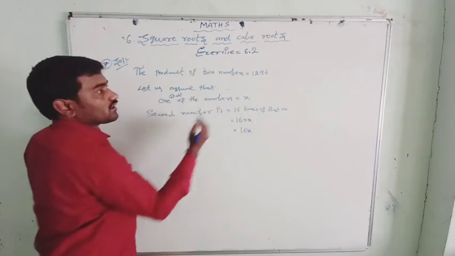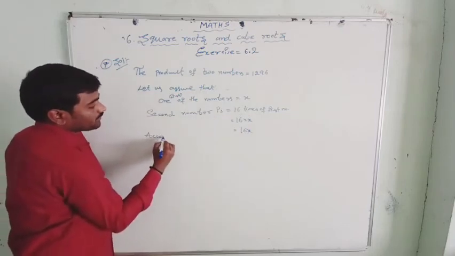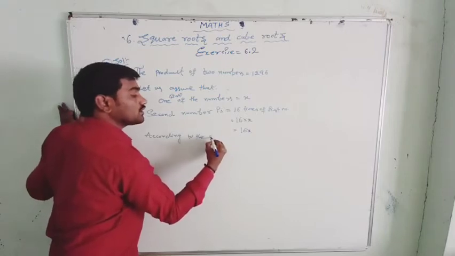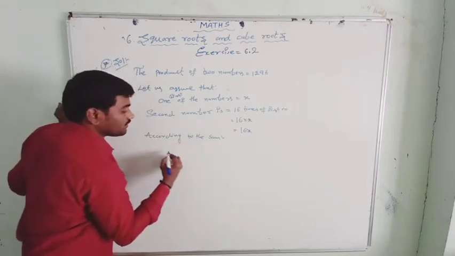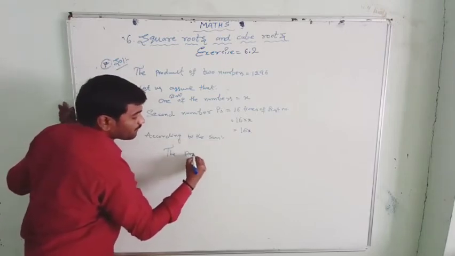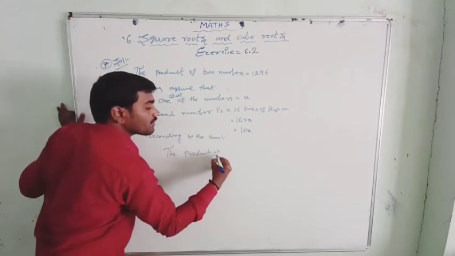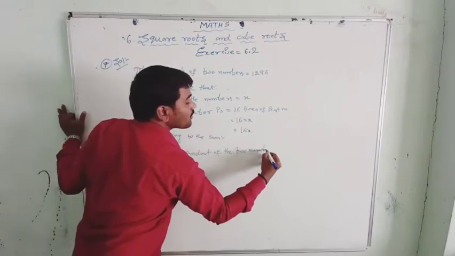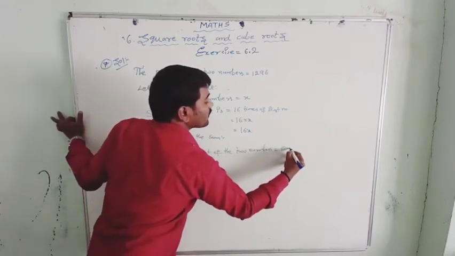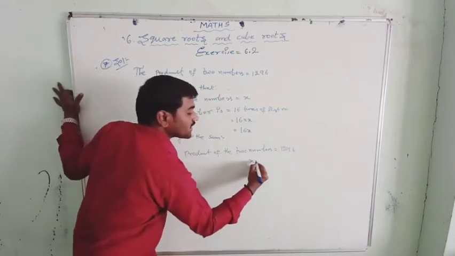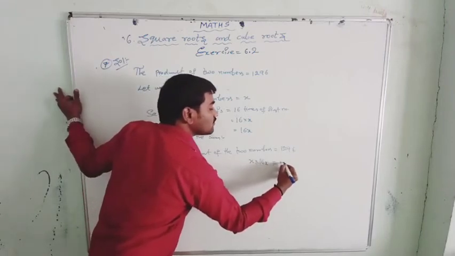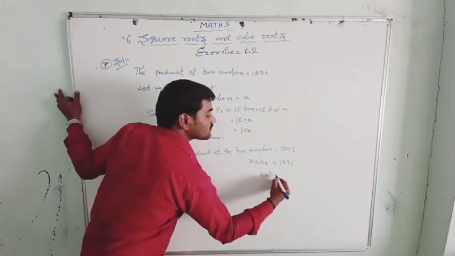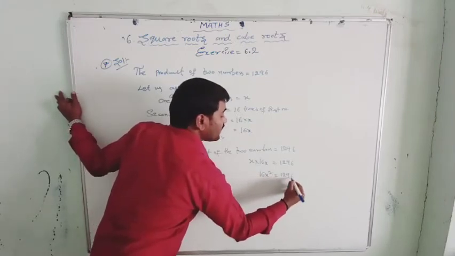According to the question, the product of the two numbers equals 1296. x into 16x equals 1296, that is 16x square equals 1296.